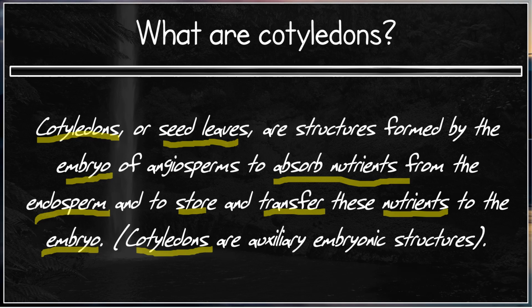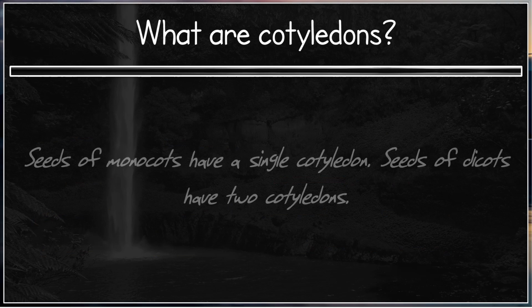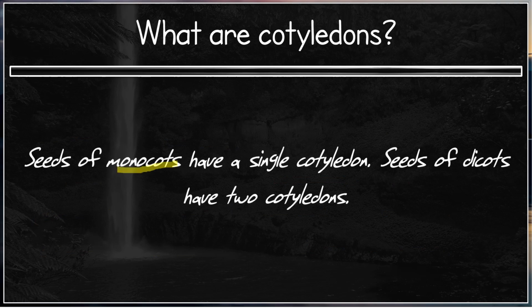Cotyledons are auxiliary embryonic structures. Seeds of monocots have a single cotyledon, and seeds of dicots have two cotyledons.